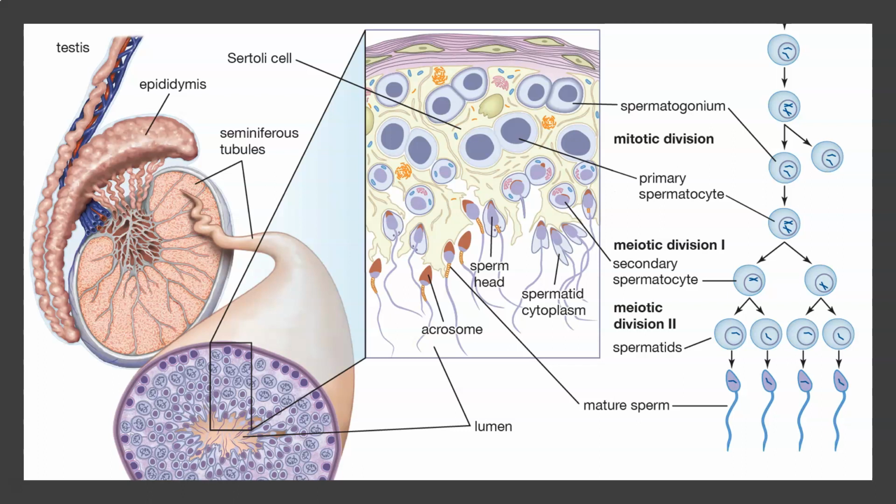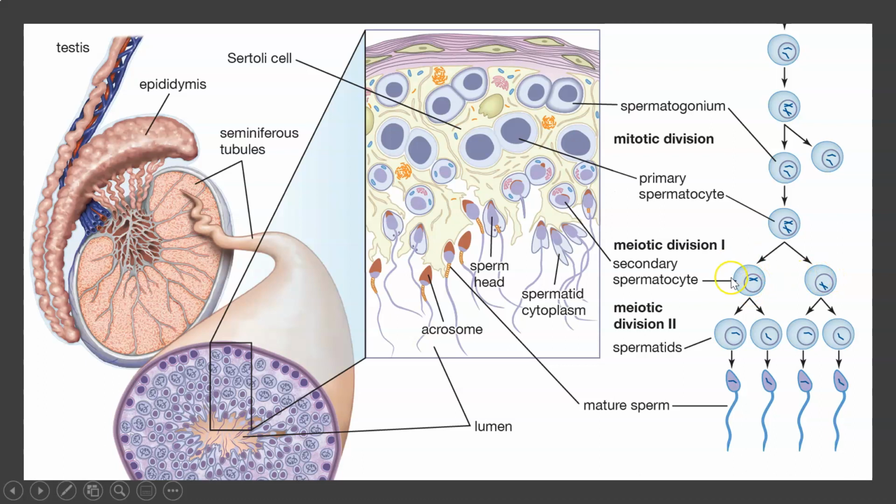This primary spermatocyte is also going to go through the cell cycle and the processes of mitosis to produce more of these cells. The primary spermatocytes are then going to go through meiosis 1, the first stage of meiosis, and they're going to produce 2 cells that are called secondary spermatocytes.